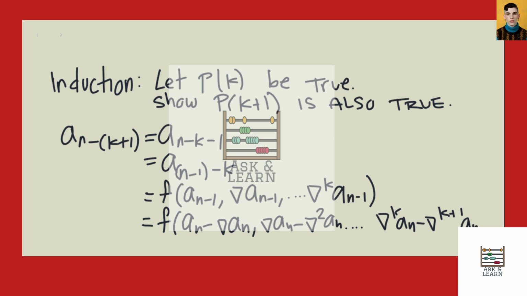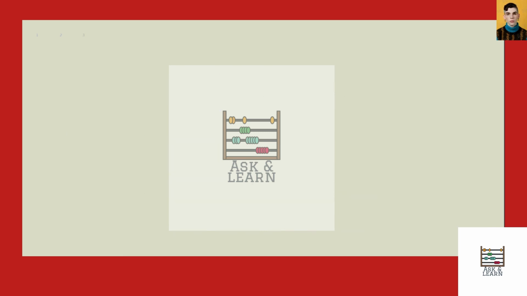Okay, so therefore P of k plus 1 is also true. And so by the principle of mathematical induction, I sort of ran out of space on that previous page.